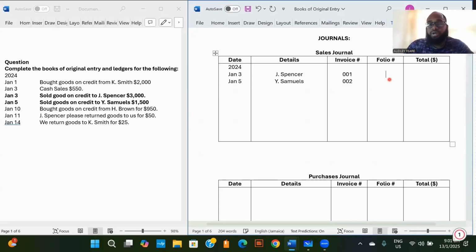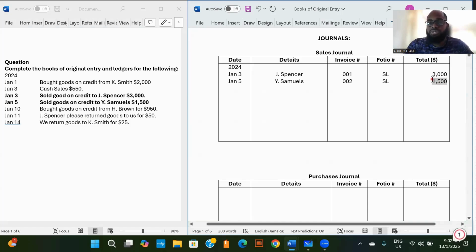Now the folio tells where it is going. Remember, we move from our books of original entry, the journals, to our double entry, the ledgers. So it is moving from the sales journal, and it will then go on to our ledger. So we'll put SL and you can give it a number if you wish. Now, what are the totals? $3,000 for J. Spencer and $1,500 for Y. Samuels.